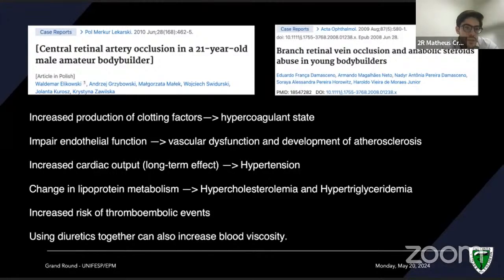And it could increase the overall risk of thromboembolic events. In the second article, one of the patients was using diuretics together with these medications, and the article states that this can also increase blood viscosity, but our patient was not using diuretics at this time.